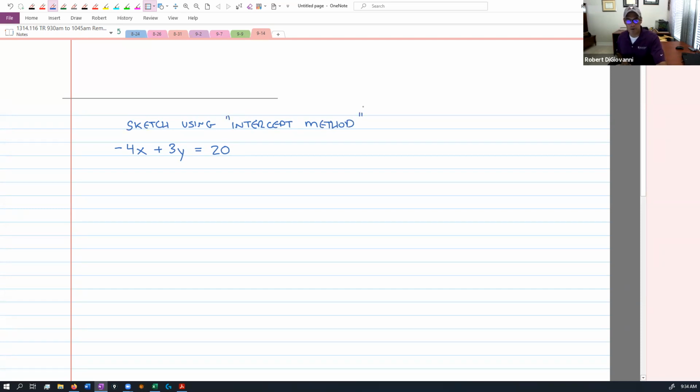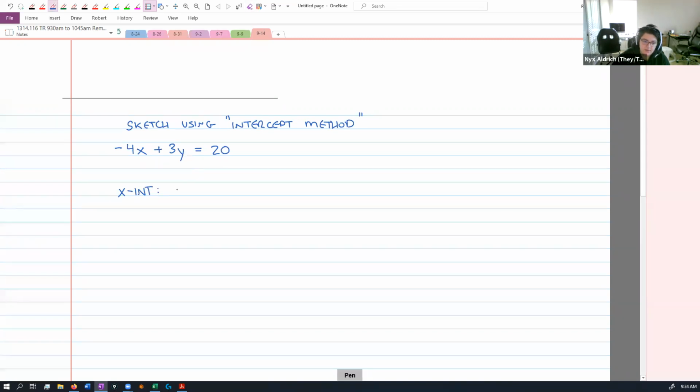All right, so who can remind me how to do this? The intercept method, how we do it. You can start by, if you're going to find the x-intercept first, you sub in a 0 for y.